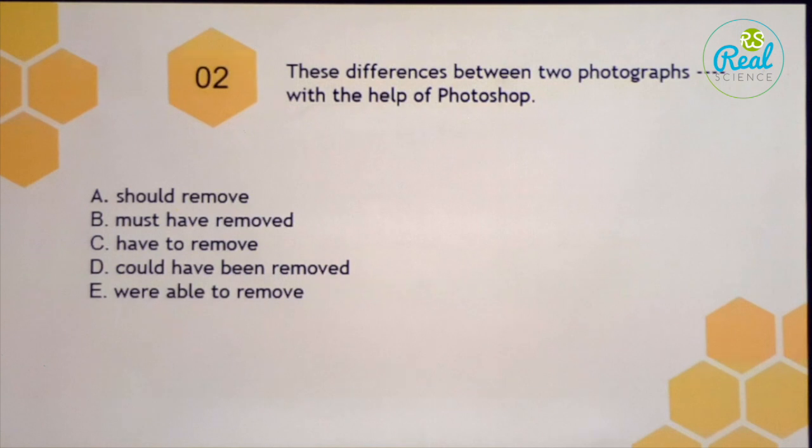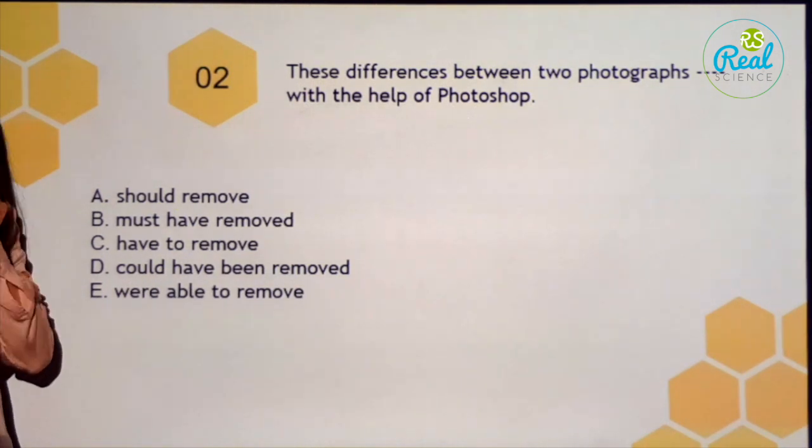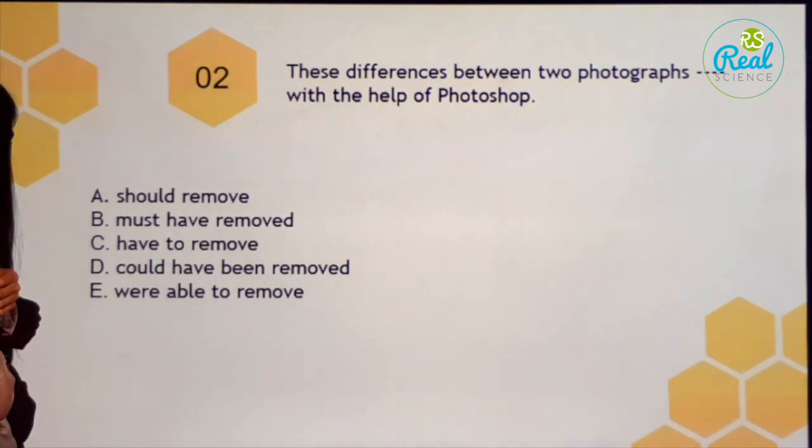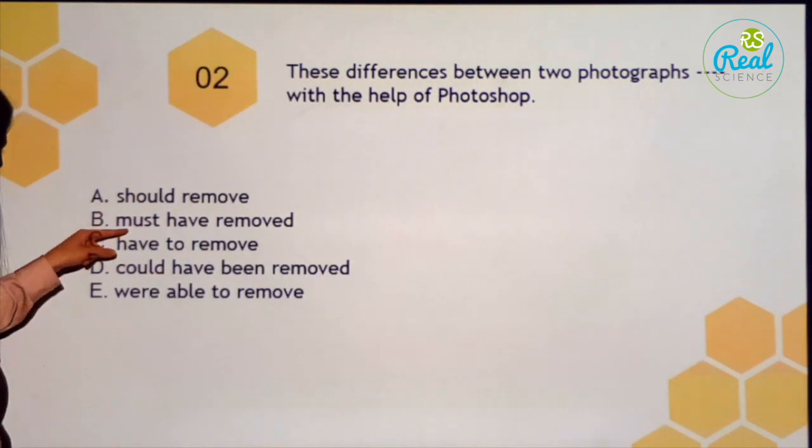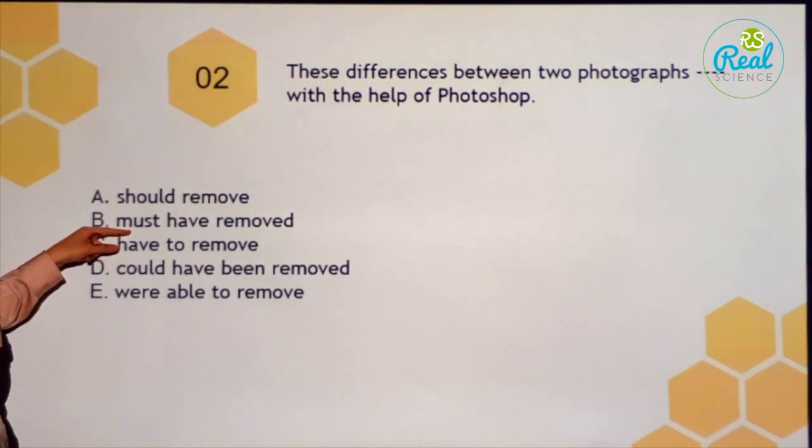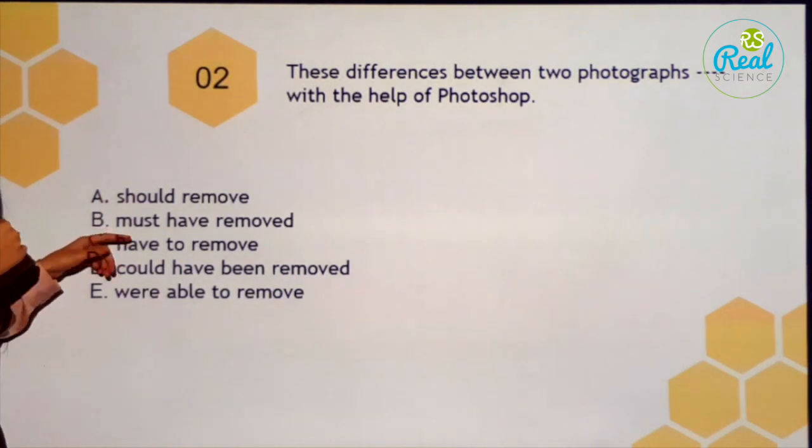Next one, the differences between the two photographs with the help of Photoshop. So here, you have to cross out the illogical answers, the 100% incorrect ones. It should be "should remove" and "must have removed", right? Because it doesn't suit any context.